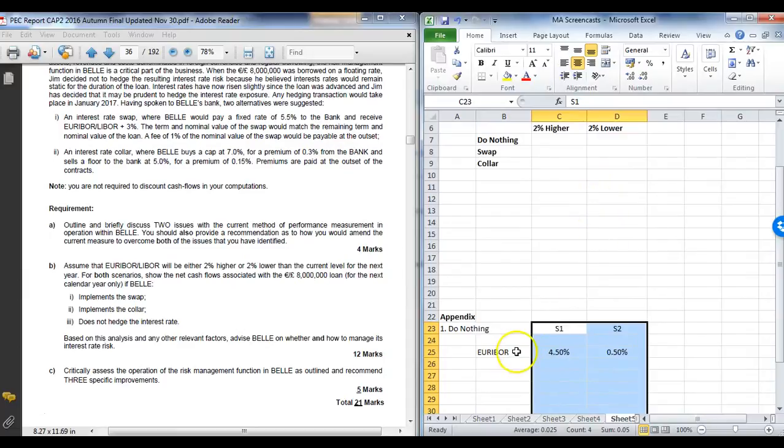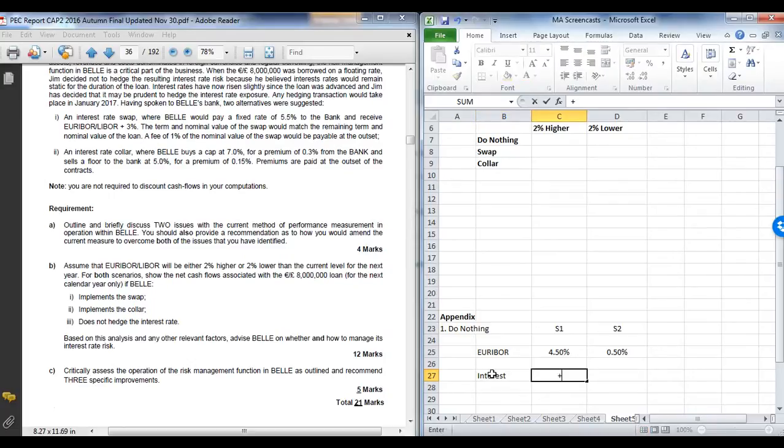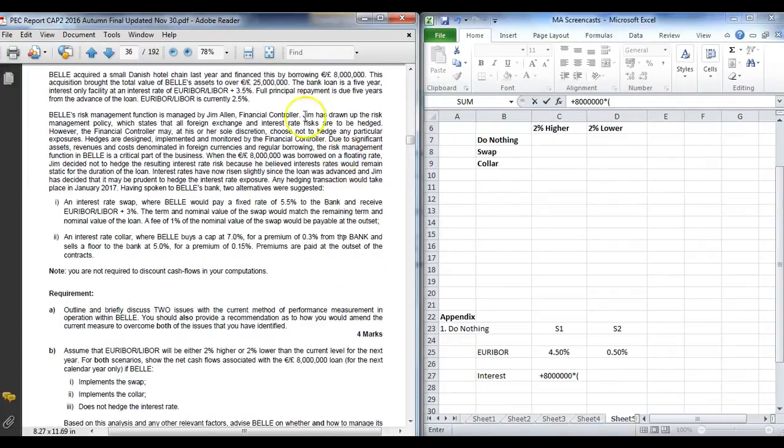So based on those, we figure out, well, what interest would there be, net cash flows of the 8 million loan for the next year only. So just 1 year. So the interest on that loan for the next year would be 8 million times, and it's important to watch out here, you're not just paying Euribor, you're told in the question, and you should have it read before you looked at the screencast, it's Euribor plus a margin.